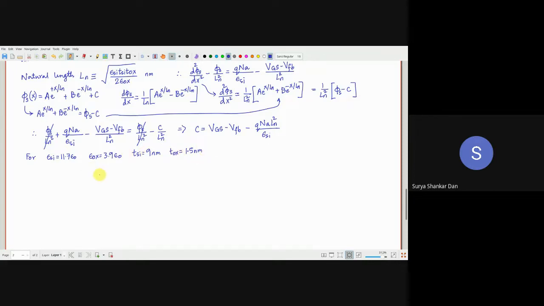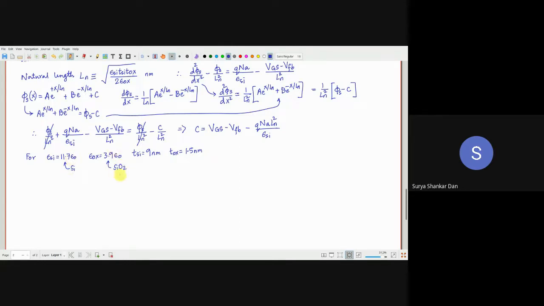The only difference which I would like to tell you is that this epsilon Ox value which we have chosen is for SiO2, and this silicon value is also for Si. But once we are speaking about GOT-FETs or FinFETs, we never use silicon or SiO2 anymore.